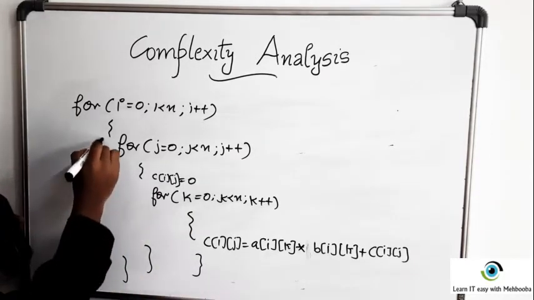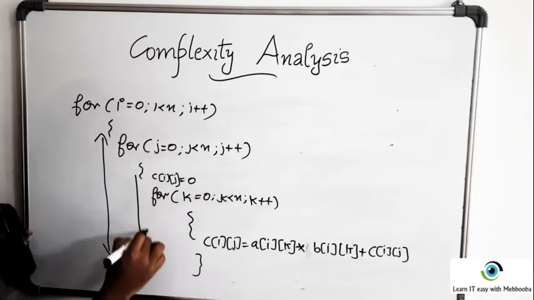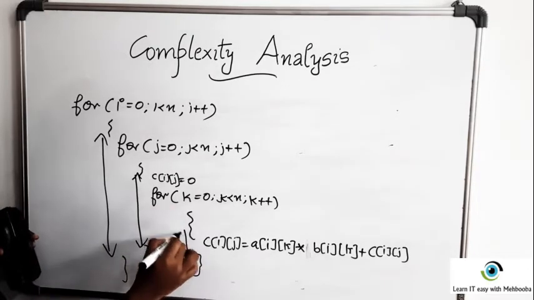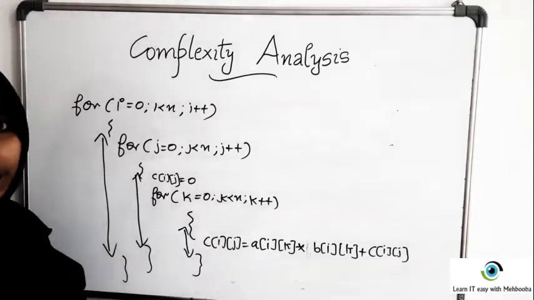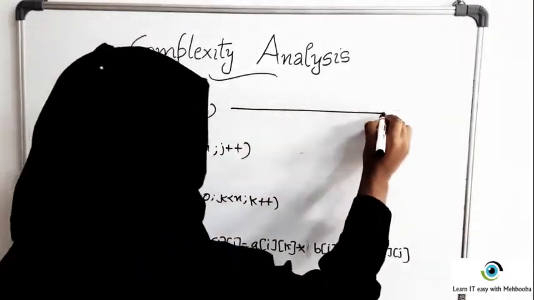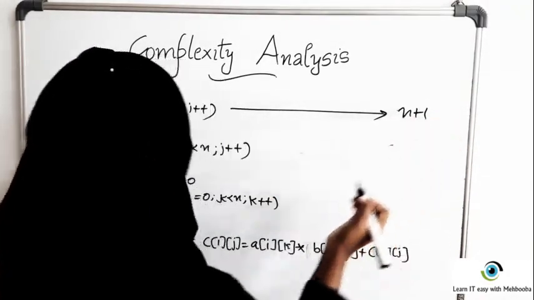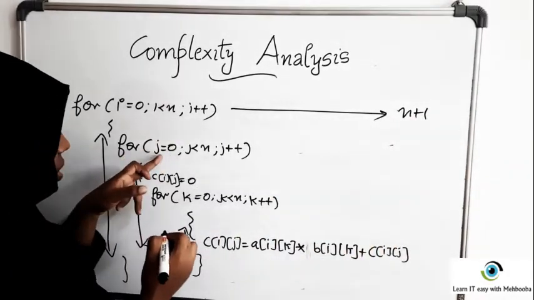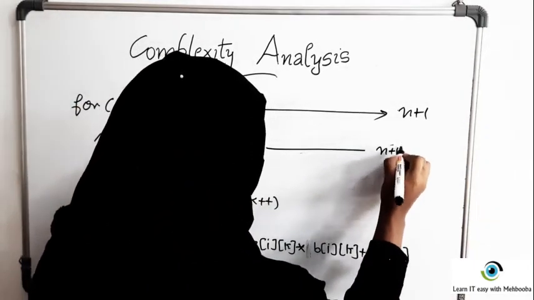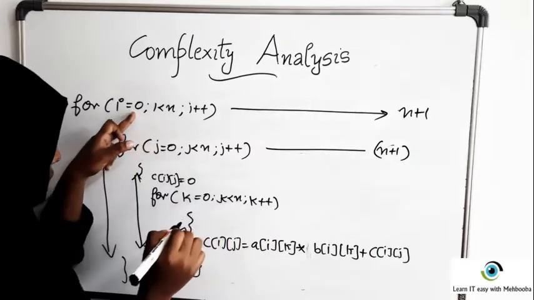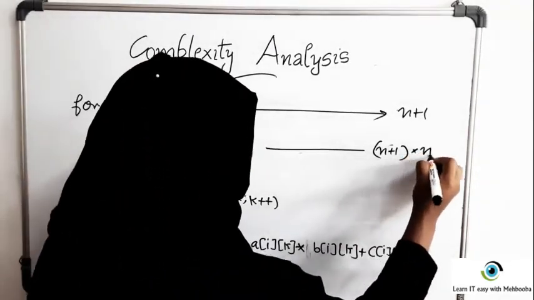So you can see 3 nested for loops here, one from this point to this point, another one from this point to this point, and a third one from this point to this point. Now we will find out the frequency count as we have done in the previous examples. So the frequency 0 to n, so n plus 1 times. This is from 0 to n, so n plus 1 times again on its own, but under the influence of this outer for loop, it can run n times.